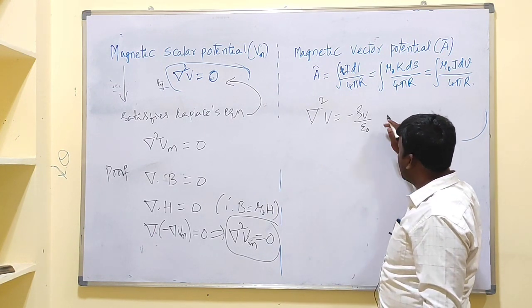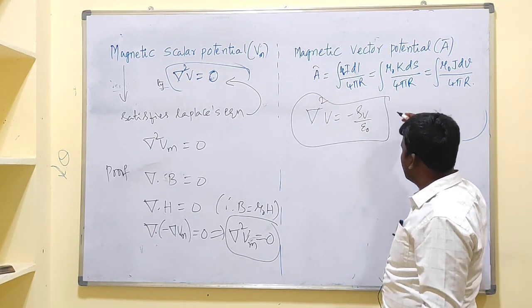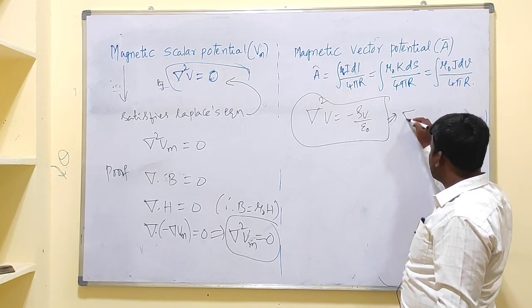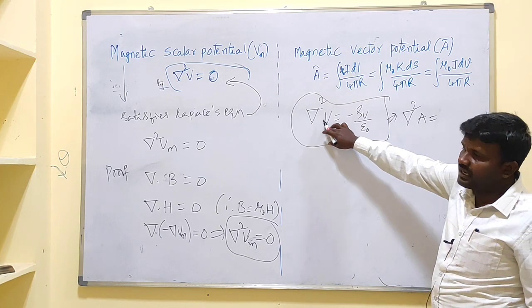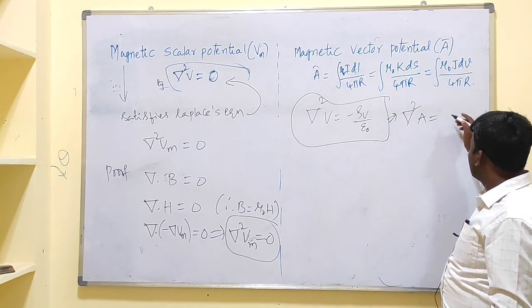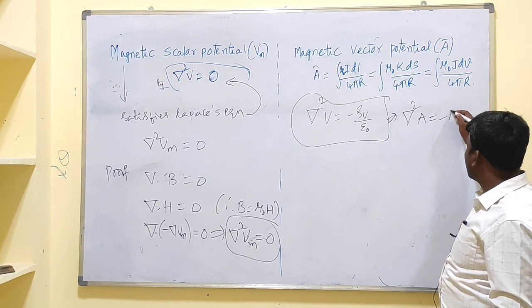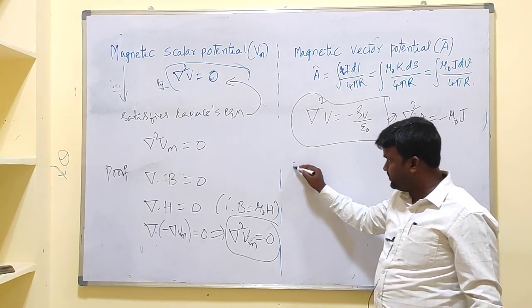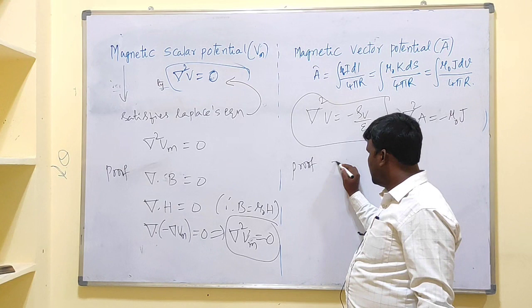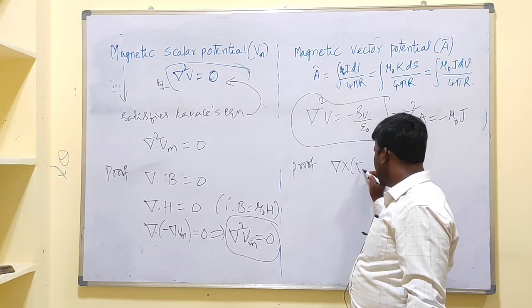Here in this case it is Poisson's equation for the electric field. For the magnetic field, this can be written as del square A. The Laplacian operator can be operated on scalar as well as vector, so this can be written like this, with 1 by epsilon naught replaced by mu naught into J. Proof: we know that del cross A.